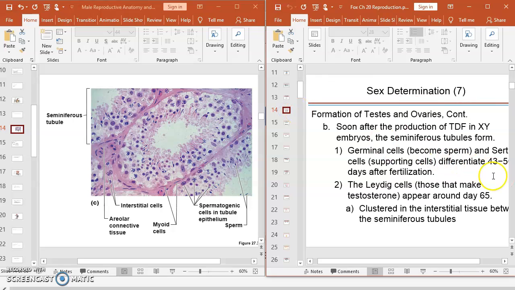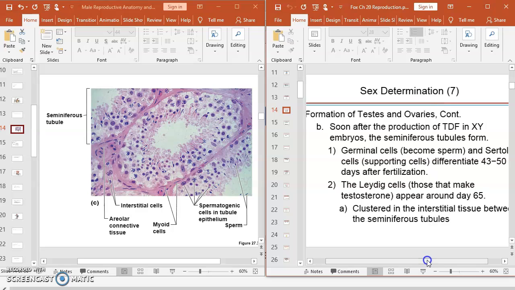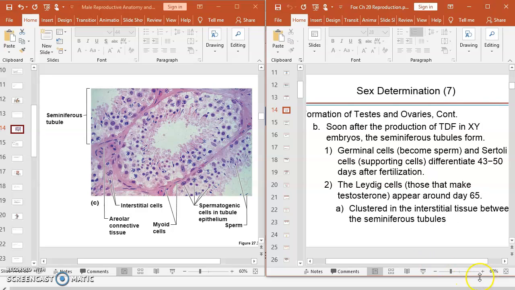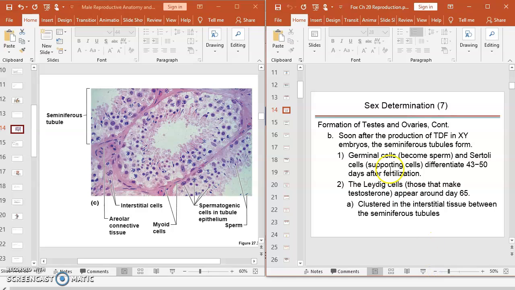We have here the formation of testes. I'm going to shrink this down so we can read it. Formation of testes and ovaries. Soon after the production of testes determining factor in XY embryos, that's the male, the seminiferous tubules form. Okay? The germinal cells become sperm. Those are the cells up in here. The Sertoli cells, which I called the supporting cells or nursing cells, are the ones that are going to support this, and they are the ones that are going to produce something called Mullerian inhibiting factor, along with doing other things.